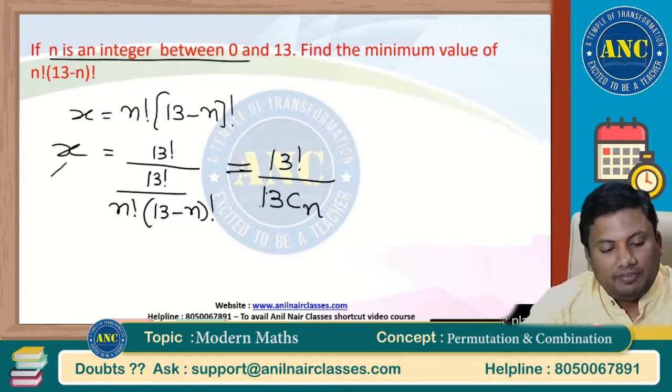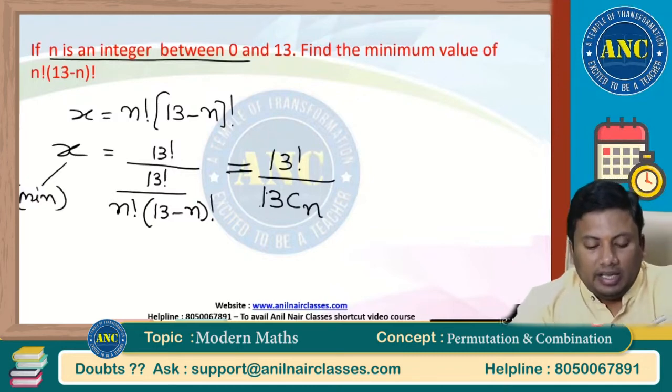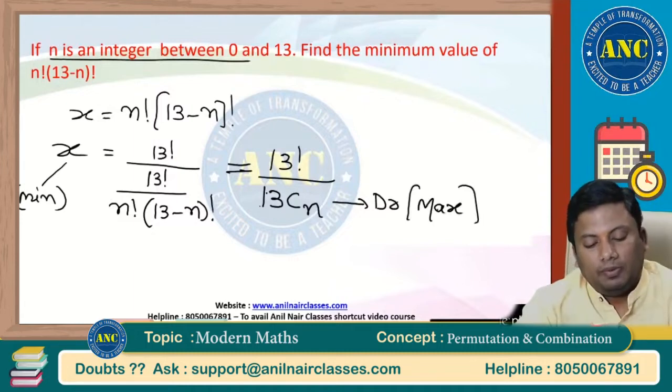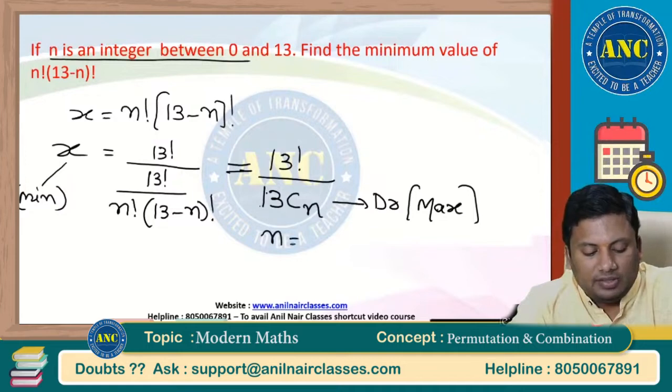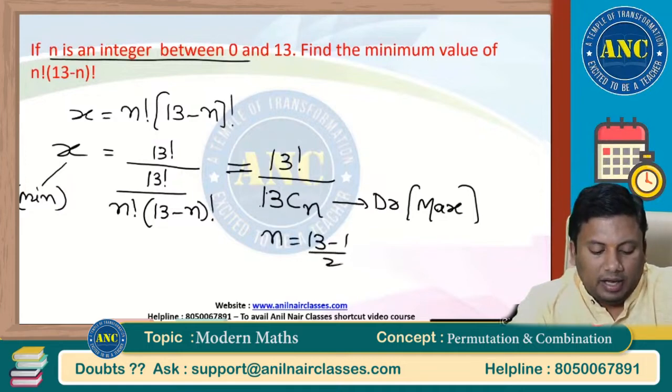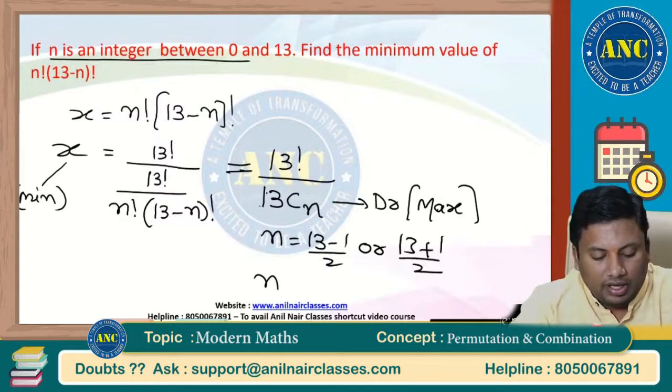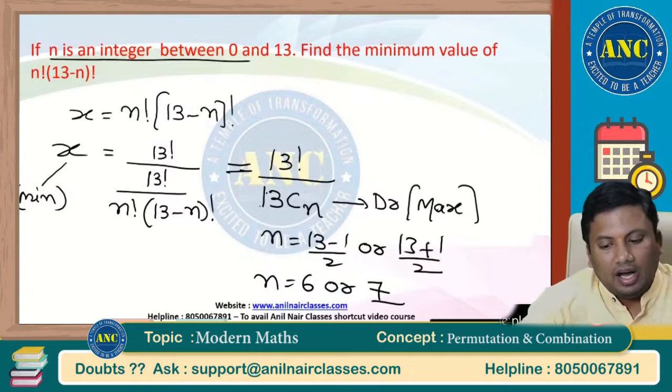Minimum value. If this is minimum, x is minimum. Numerator is constant. Denominator should be maximum. When it will be maximum, n is 13 minus 1 by 2 or 13 plus 1 by 2. So, n will be either 6 or 7.